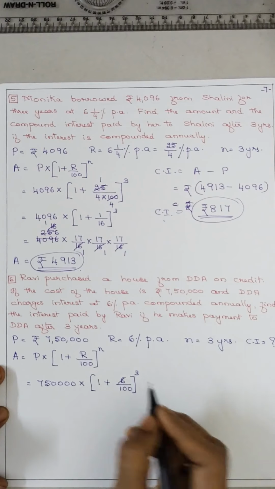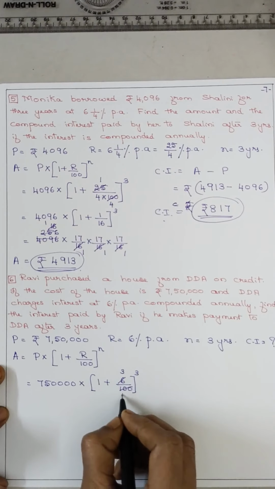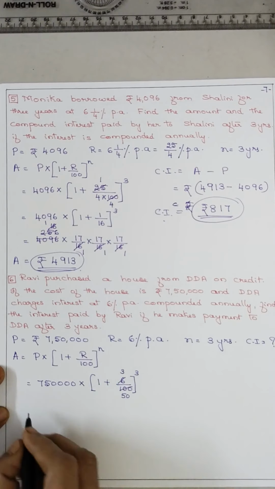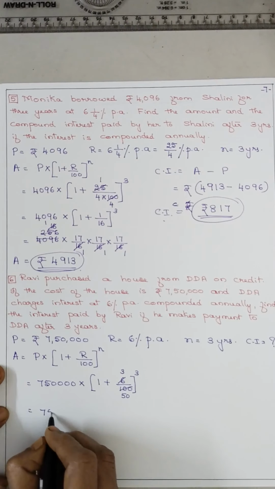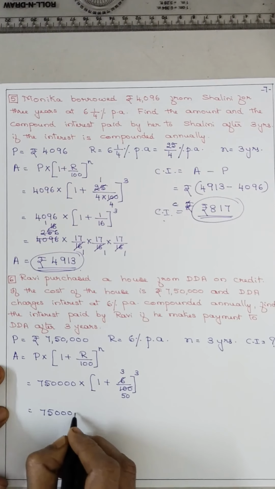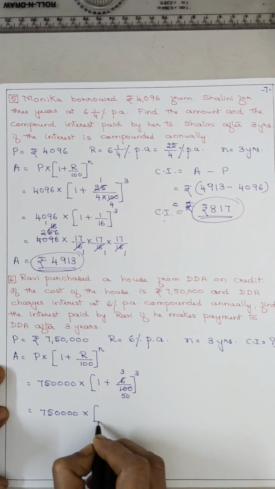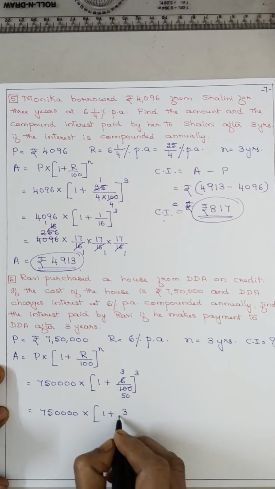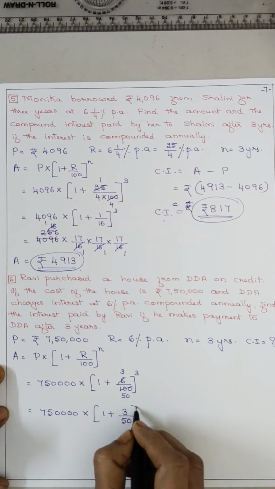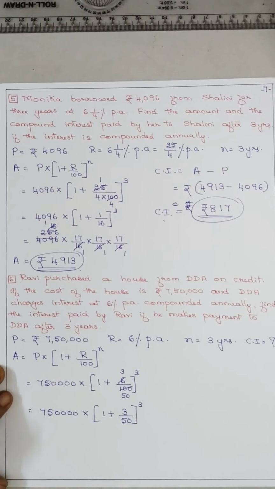Now 2 3s are 6, 2 50s are 100, so it will be 7,50,000 into 1 plus 3 by 50 the whole raised to 3.